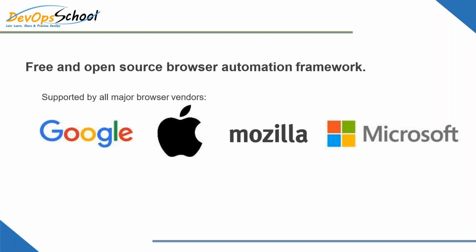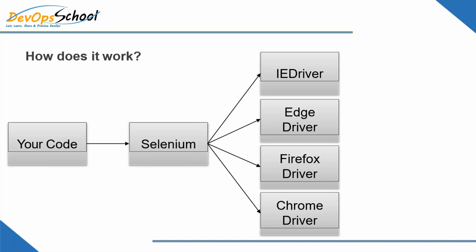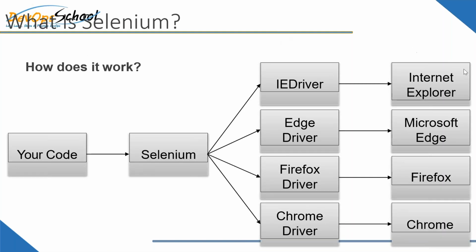In terms of browser support, any browser which you have right now in the market is supported. And how this works, look at this here. You write some testing code in multiple programming languages. Selenium supports multiple programming languages, including Java, JavaScript, Node, .NET and all. So you can write test code.